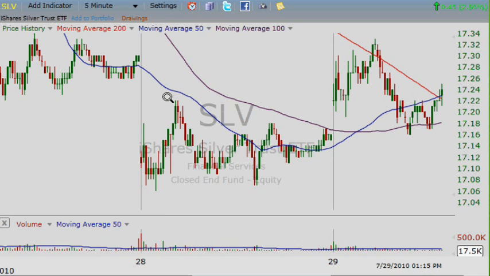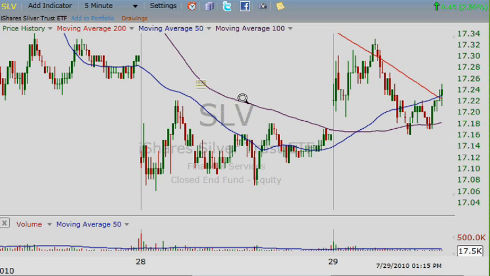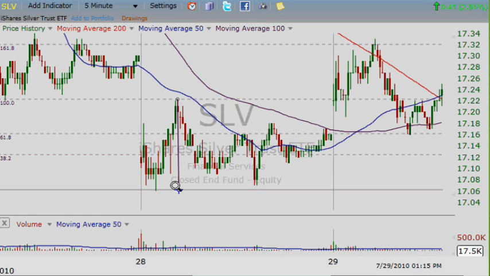So 16 cents multiply 1.618 to the low of 17.06 would be the next key Fibonacci level, which is the 161.8.